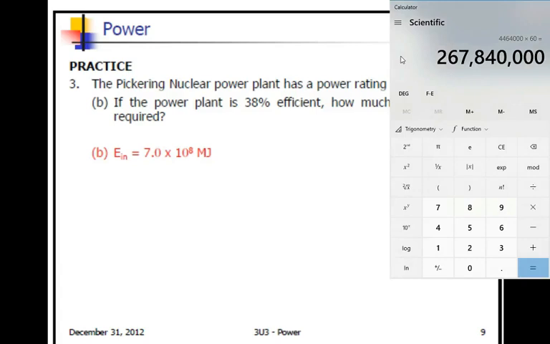In order to find out how much energy we had to put in, we have to divide this by the efficiency. So divide this by 0.38, and we get 842,105. And if we round that, we get 7.0 times 10 to the 8 megajoules.